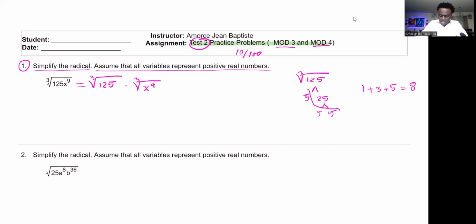Then the index is 3. So we should make groups of identical factors, and each group should include 3 elements because the index is 3.